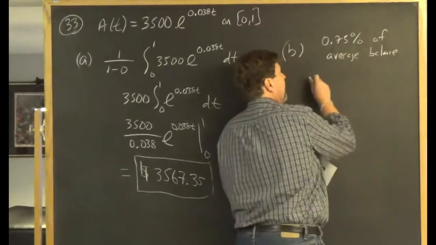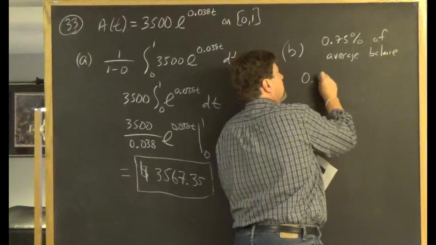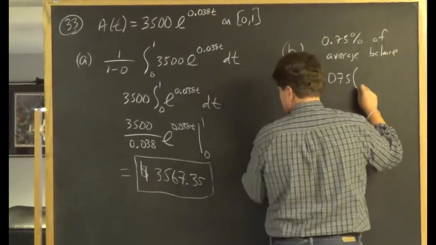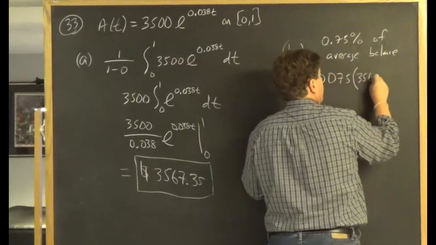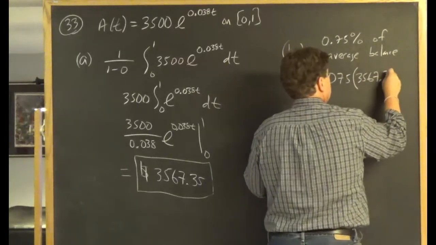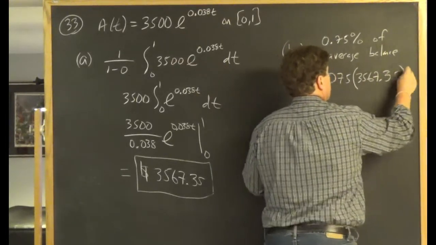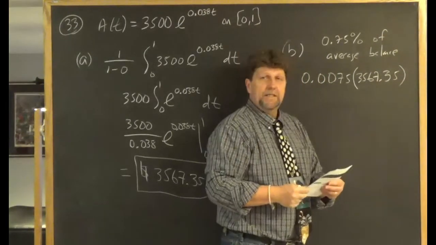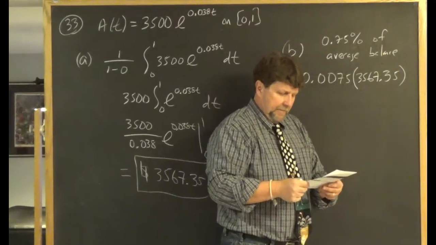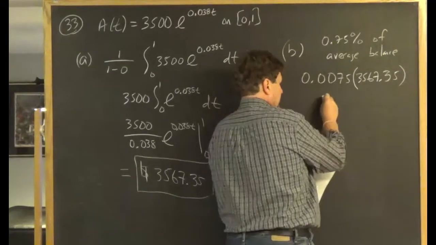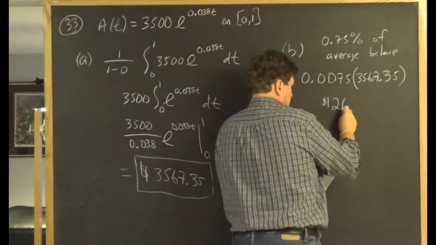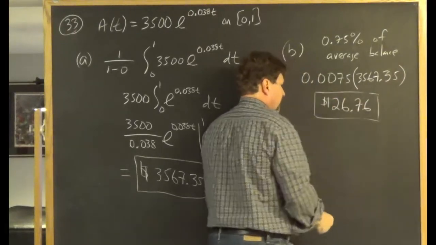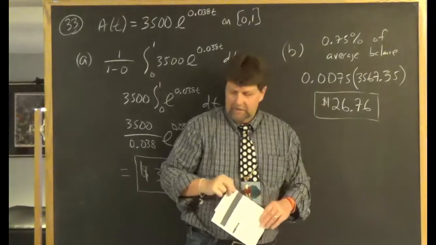So 0.75%, well, that's 0.0075 of the average balance. So you take 0.0075, multiply it by 3,567.35, and you get, this is the size of the bonus check, $26.76.